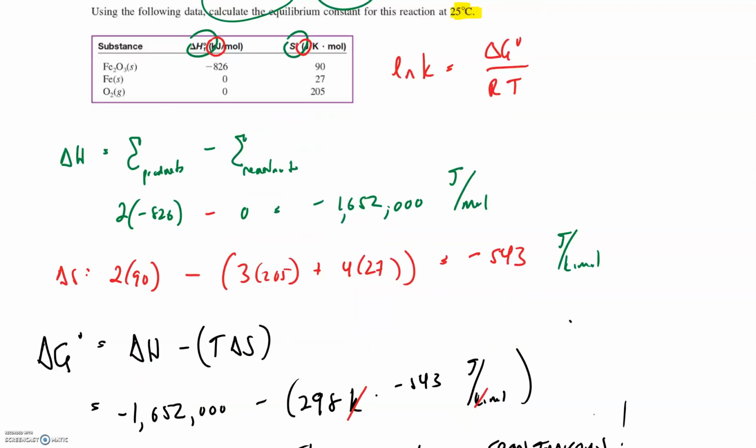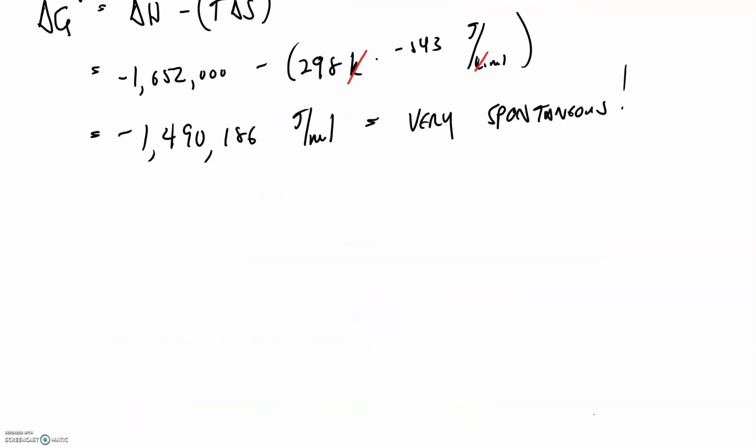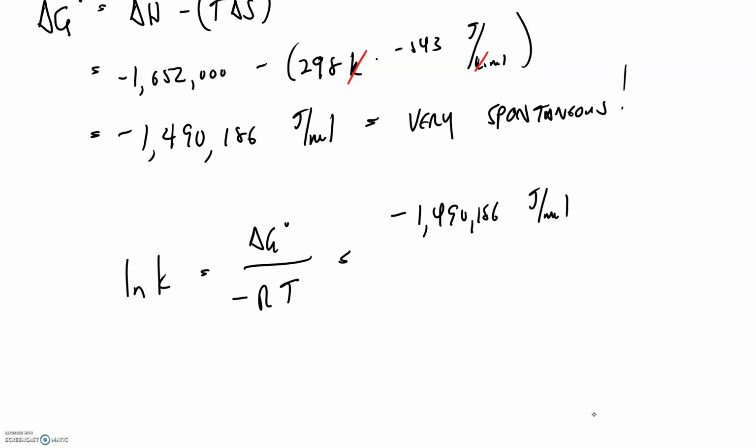We know it's going to run towards the products. So let's plug this in and see if we can figure out what our equilibrium position is. We're going to say natural log of K is equal to delta G under standard conditions divided by negative RT. We just found delta G: negative 1,490,186 joules per mole over negative R, which is 8.314 joules over Kelvin mole, times the temperature, which is 298 kelvins.